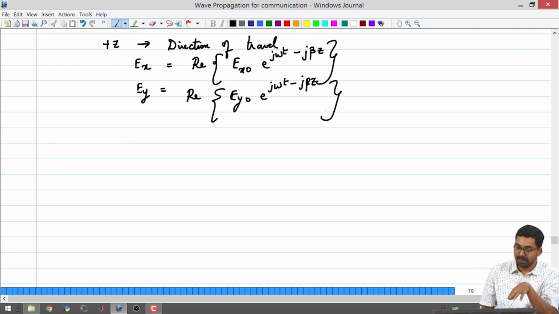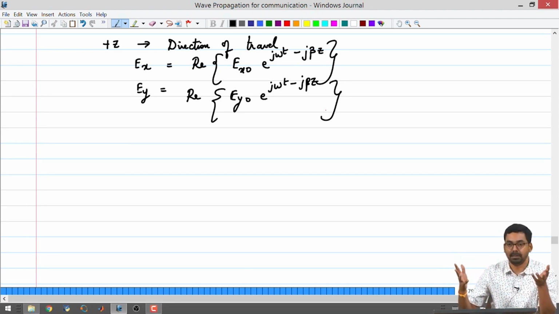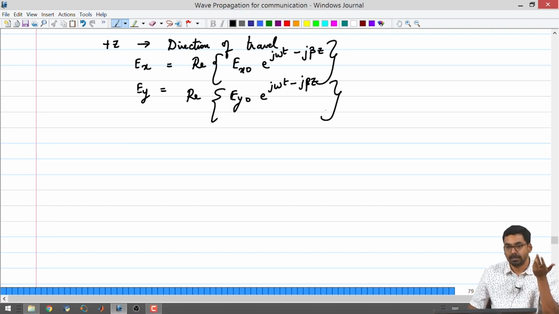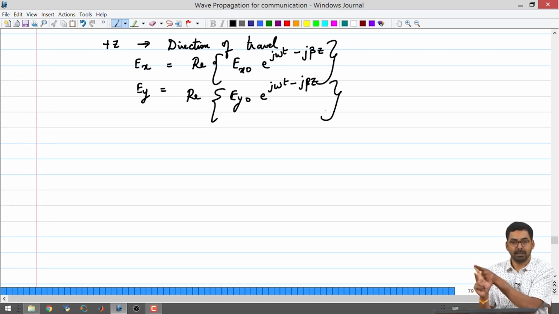We have written Ey naught e to the j omega t minus j beta z, so in this case both phases are identical, but it is not necessary. All we are worried about is that the resultant electric field composed of these two components has to point in the direction of travel, but they do not need to have the same phase at all. You could have Ex and Ey out of phase in the most general case, and the resultant could still be pointing in this direction.